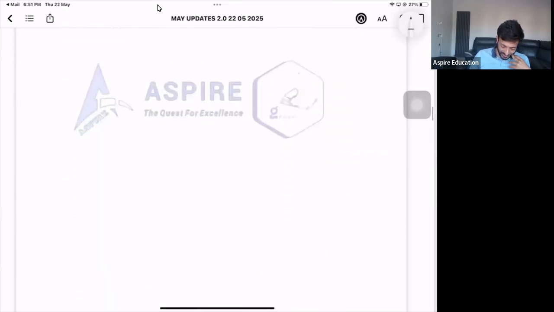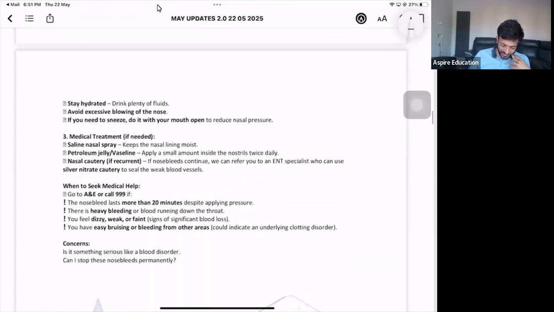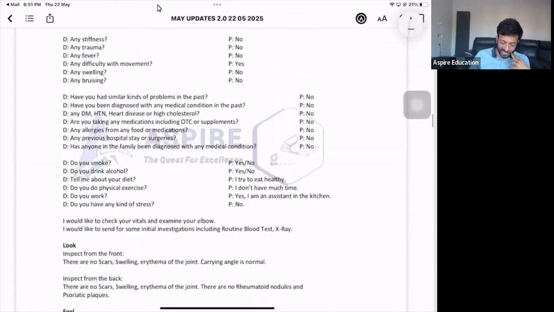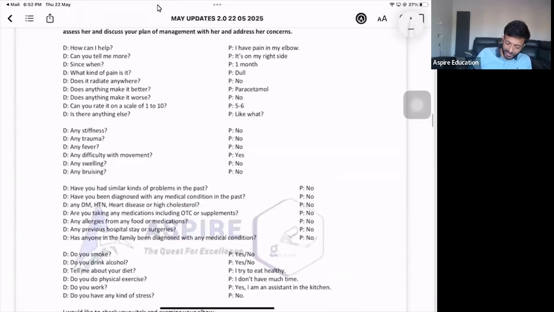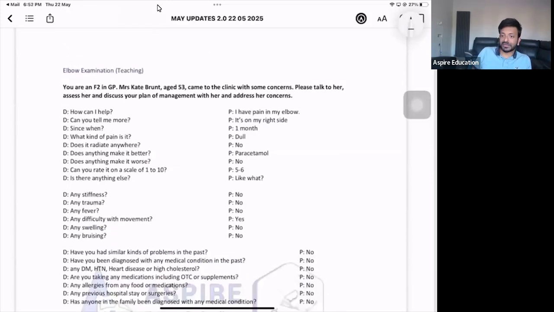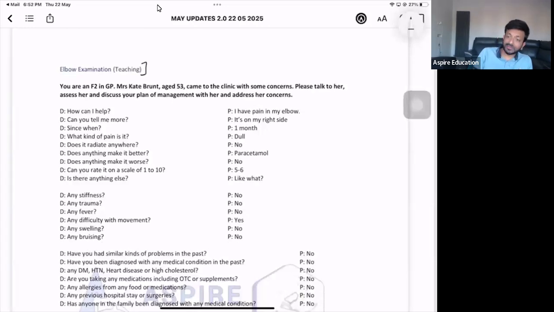Okay, what else? Epistaxis, nosebleeds, we haven't seen for a bit longer. Elbow examination, doctors, I have put it as a combined session. It used to come as a combined station, I think, 8-10 years ago, but nowadays it's coming as a teaching station, but it can come as a combined station as well. Remember three things here.